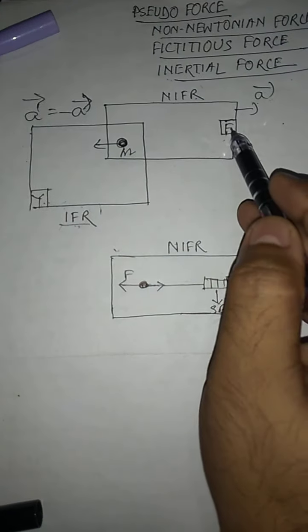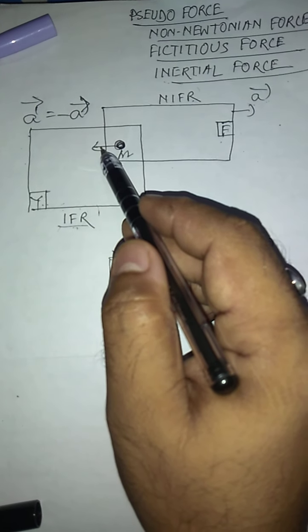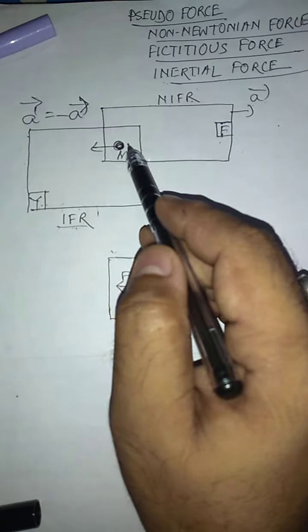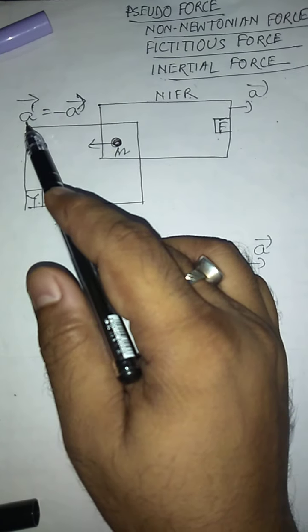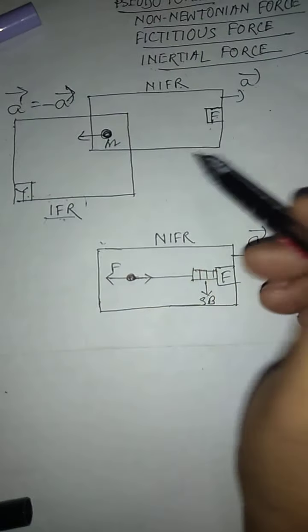However, to your friend, this object will appear to have an acceleration a dashed vector to the left, and a dashed vector will be equal to negative acceleration of the non-inertial frame of reference.